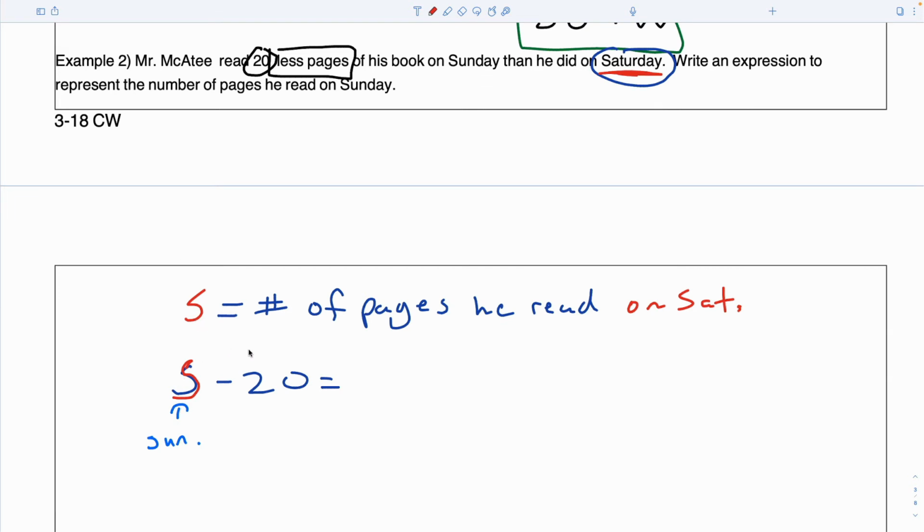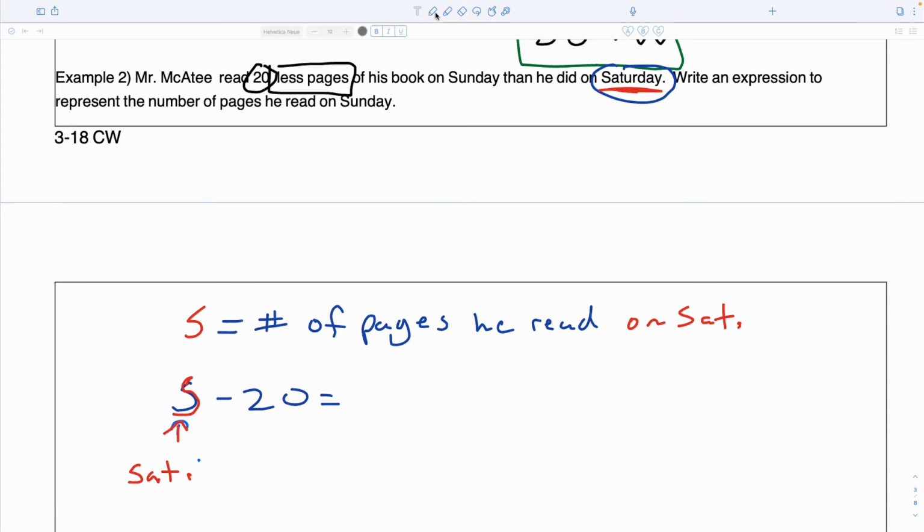If you take Saturday minus 20, do you get Sunday's pages? Saturday minus 20 equals Sunday. So S has to actually equal Saturday's pages. If you take 20 away from Saturday, you will get the amount he had on Sunday. So the expression we're actually trying to find, the end result is Sunday, but your expression has to be Saturday minus 20. Jameson.